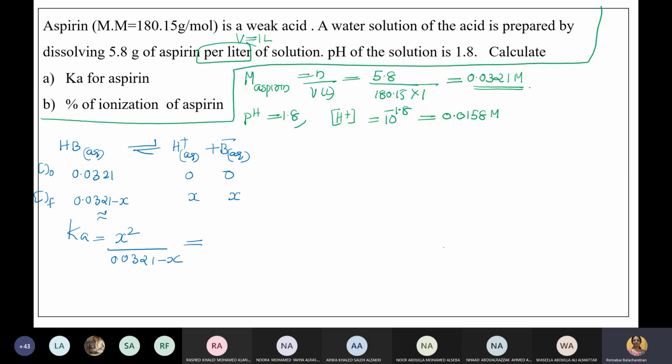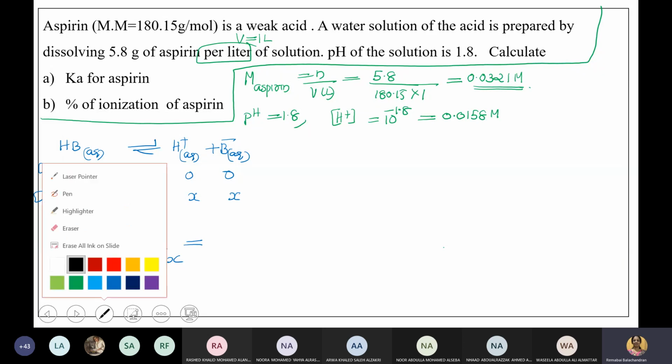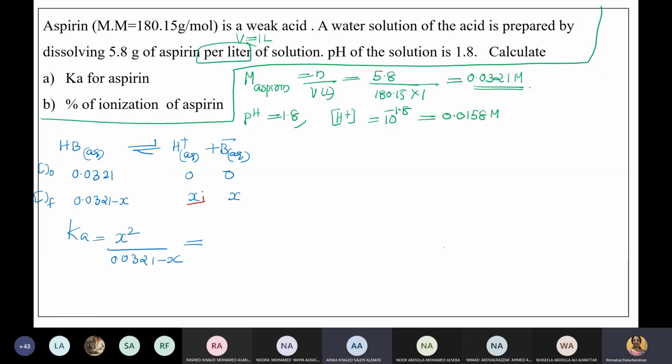Now, what's the value of x, my dear students? Look here, this x is nothing but concentration of H plus, so x is 0.0158.